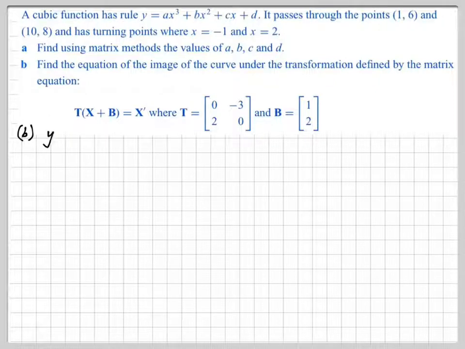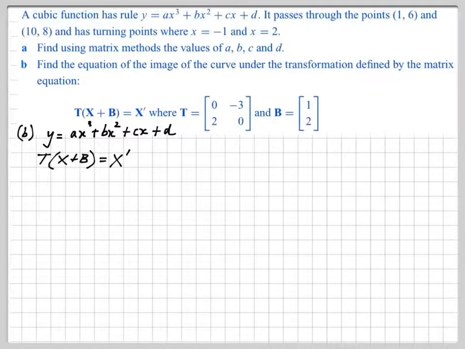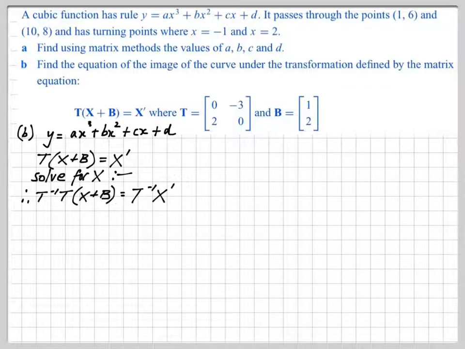Right, B. Here we go. Now, okay, I got that. Now what I'm going to do is get my matrix equation and solve it for capital X. That's the objective. So how do I do that? First of all, I'm going to get rid of that t out the front by multiplying by its inverse, left-hand and right-hand side.